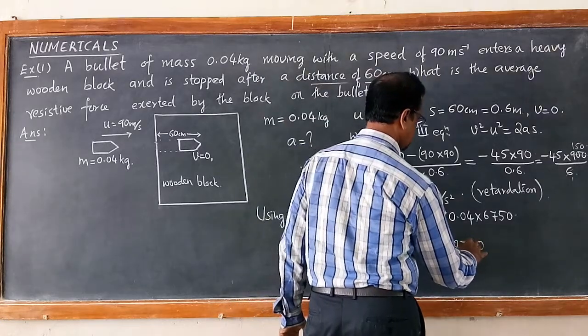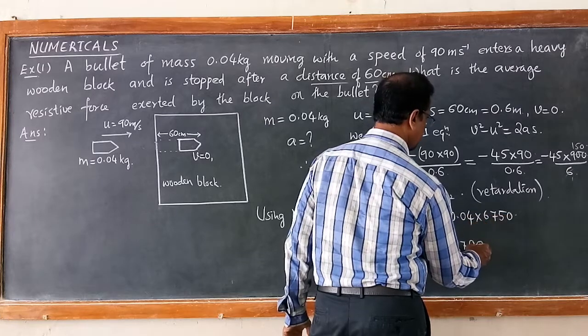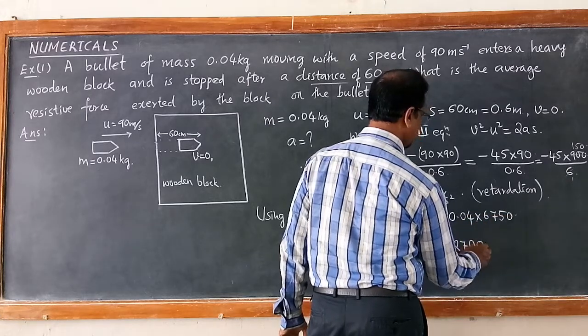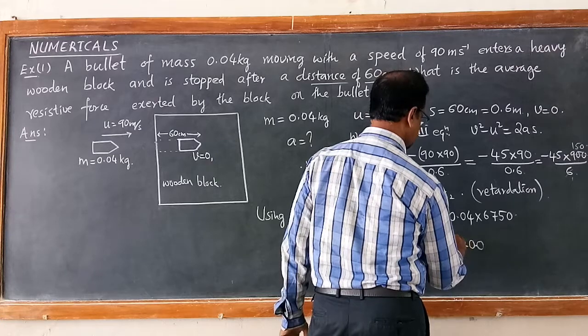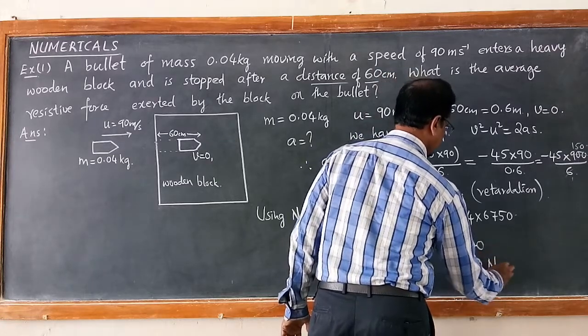So it becomes 2700, and the decimal will be 270.0. So this becomes minus 270 Newton.